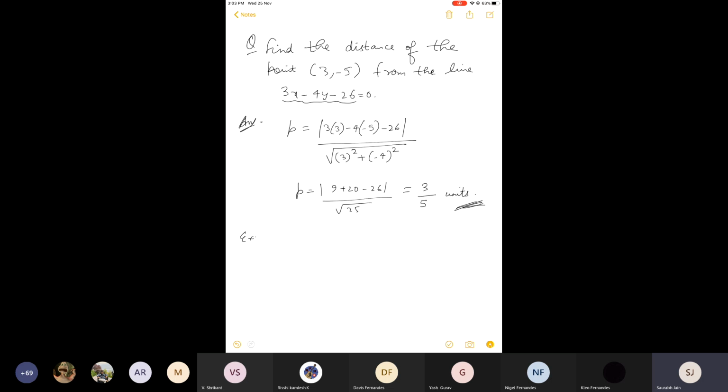I am taking this question as an example. This is question number 18 of exercise 10.3. Important question as well. Let me see if any one of you can solve this question.